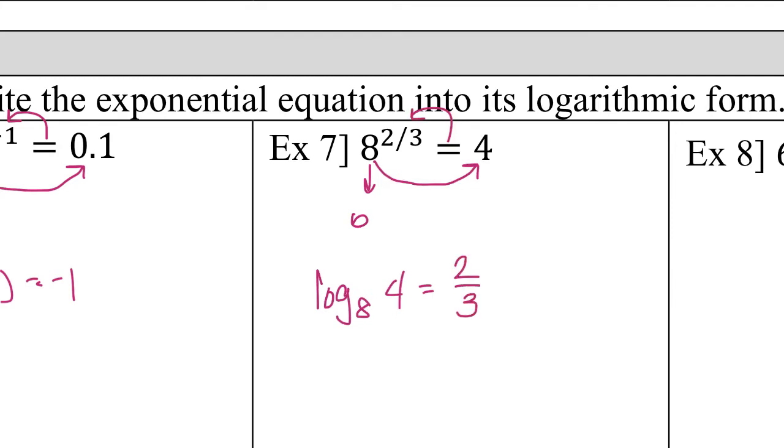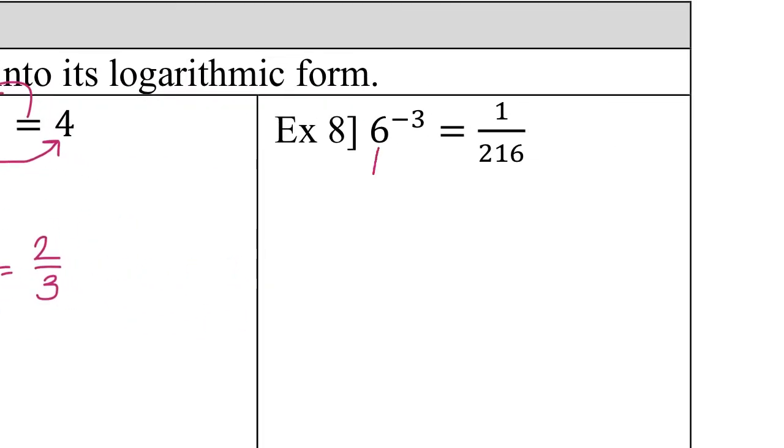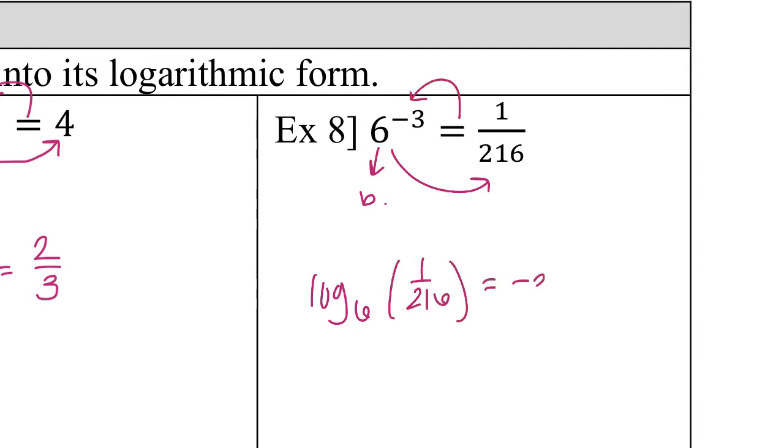So 8 to the 2/3 power equals 4. Then 6 is your base, 6 to the negative 1/3 power, so b. So log base 6 of 1/216 is equal to negative 3. That's changing backwards into log form.